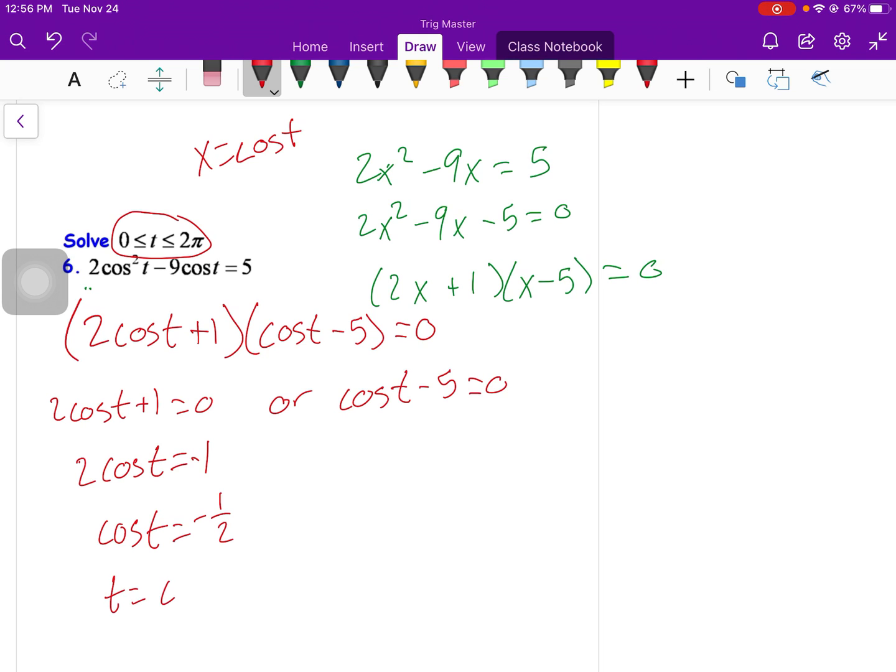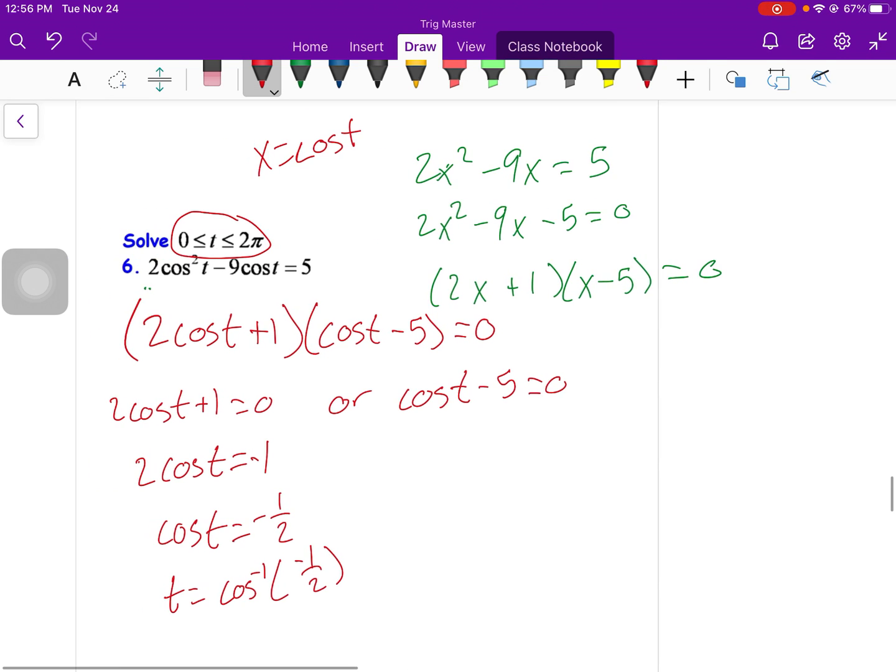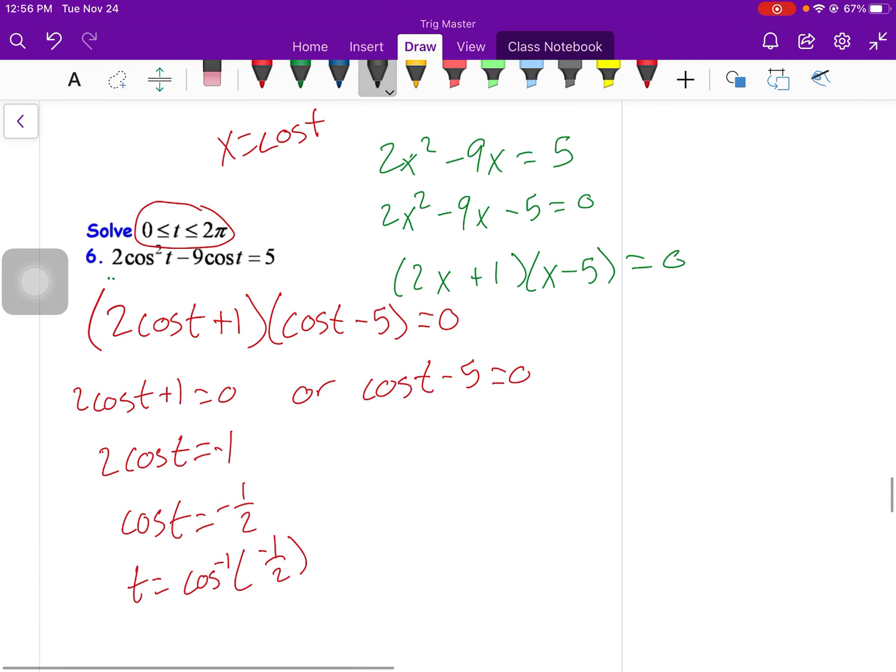So then you take cosine inverse of -1/2, and cosine is going to be negative in 2 quadrants. These 2 quadrants right there, quadrant 2 and quadrant 3. So in order for it to be negative 1/2, t has to equal 2 pi over 3, or t is equal to 4 pi over 3.